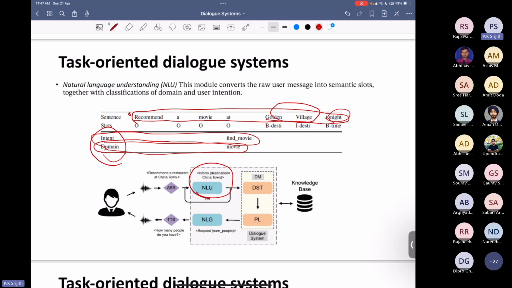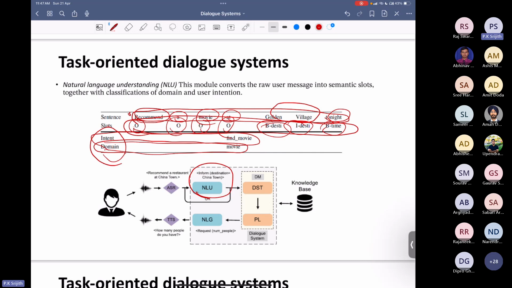So it has to produce output like this, where it marks each word in the user input as outside a named entity, or the beginning of a named entity, or inside a named entity, or the beginning of another kind of named entity, etc.